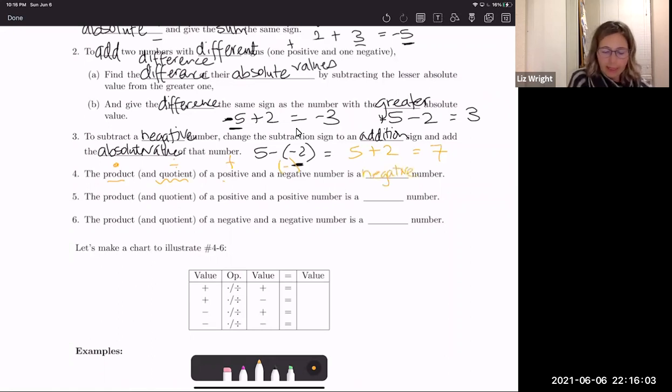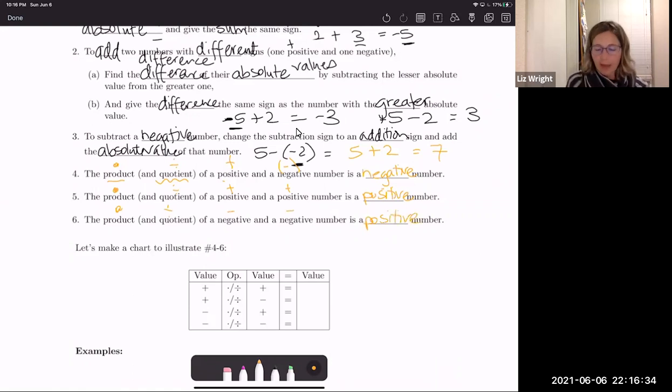And then the product, again, this is multiplication and quotient, division, of a positive and a positive number will result also in a positive number. And then our last one, the product and quotient of a negative and a negative number. So if we've got negative and negative, it's going to end up being a positive number.